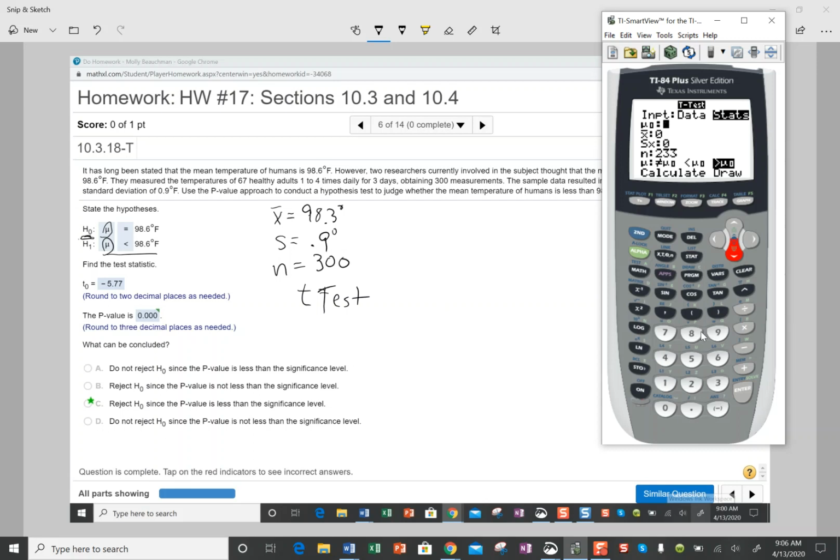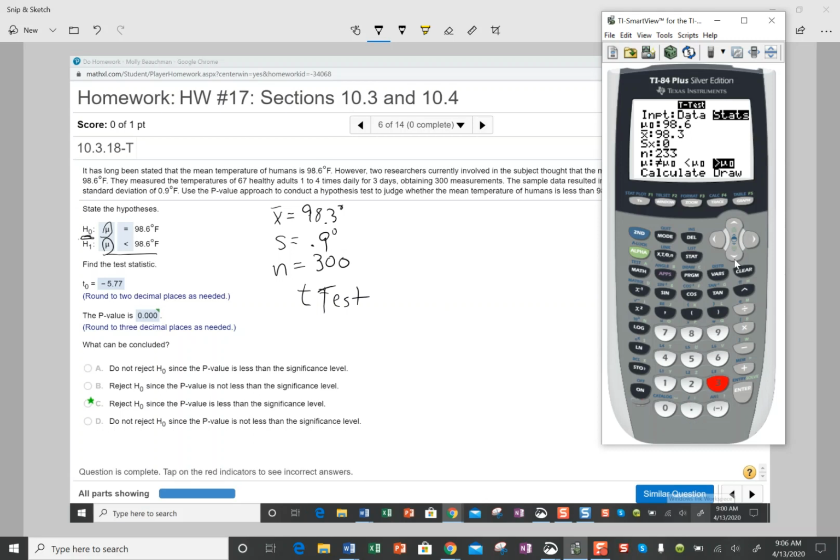So the null hypothesis is 98.6. Then we need the sample mean, the null hypothesis, let's go back up here. That's the 98.6. That's the standard. That's what we're testing our sample against. Alright, the sample mean is 98.3.